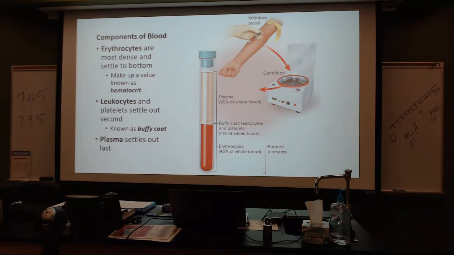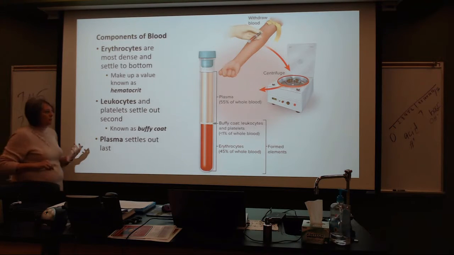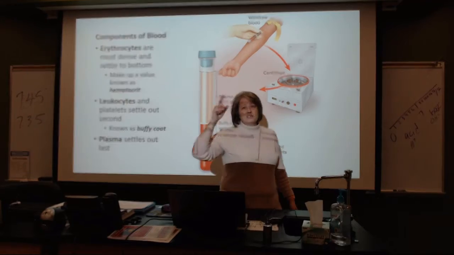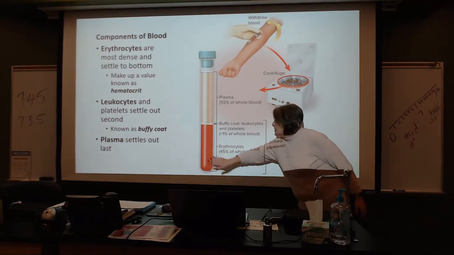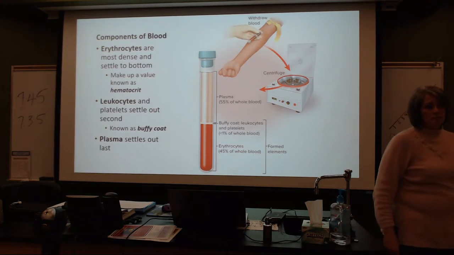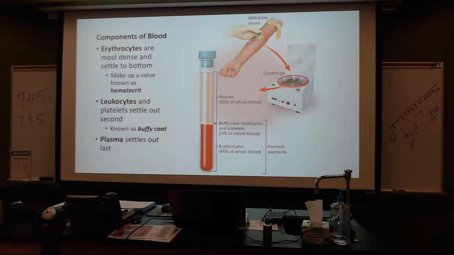And then you see the plasma that contains ions and nutrients and all these other components that are flying around. Because, like, at the time of blood loss, that's the part they need. Okay?